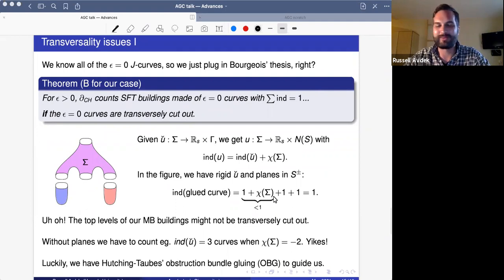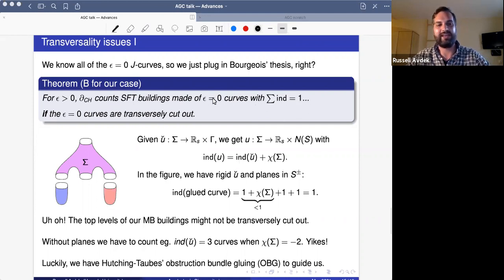What Bourgeois' PhD thesis says in this case, where there are no Morse flow lines to worry about, is that for epsilon greater than 0, the contact homology differential will count SFT buildings made out of the epsilon equals 0 Morse-Bott curves whose total index is equal to 1.